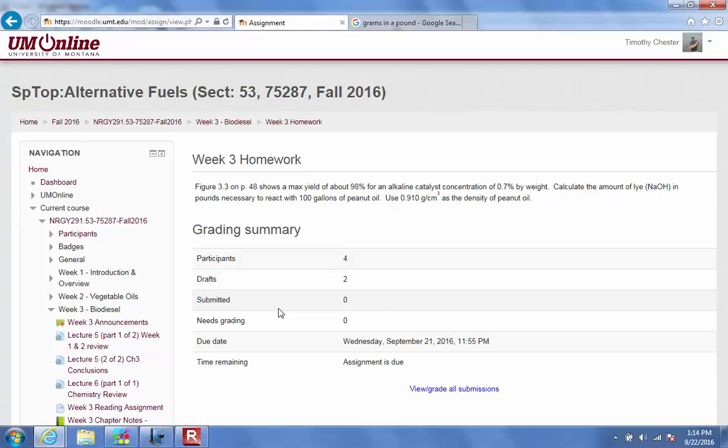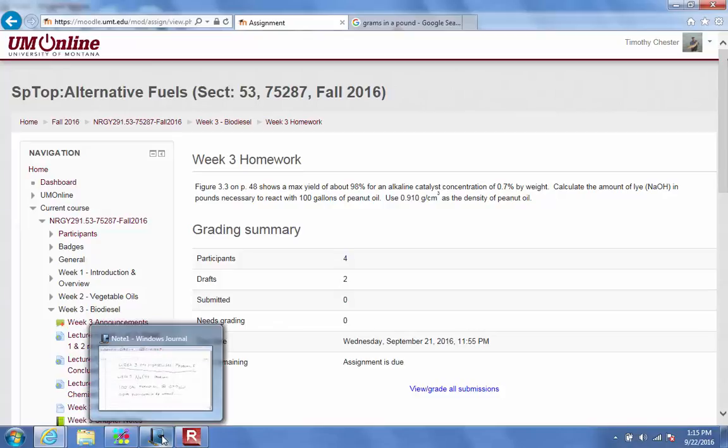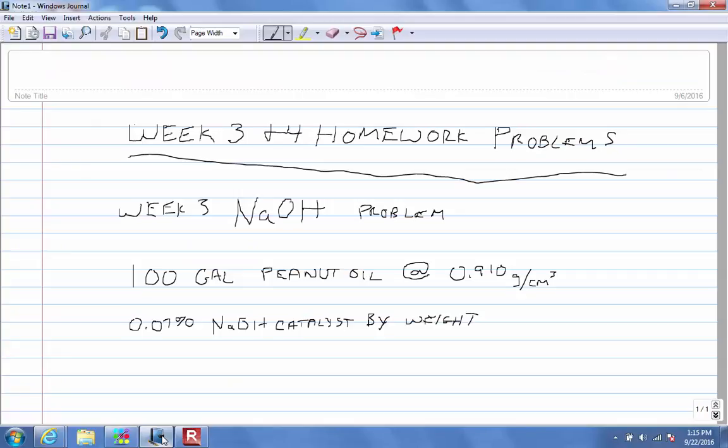Well, that's great. Can I convert grams to pounds? And yes, I know that I can. And because my answer needs to be in pounds, I want to get to that unit as quickly as I can. Ideally, if I'm using similar units all the way through, it makes things a lot easier. So I've started out a little bit here and said, okay, we have 100 gallons of peanut oil, and then it's 0.910 grams per cubic centimeter.